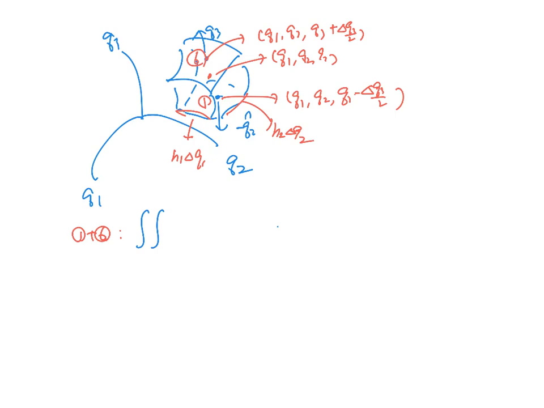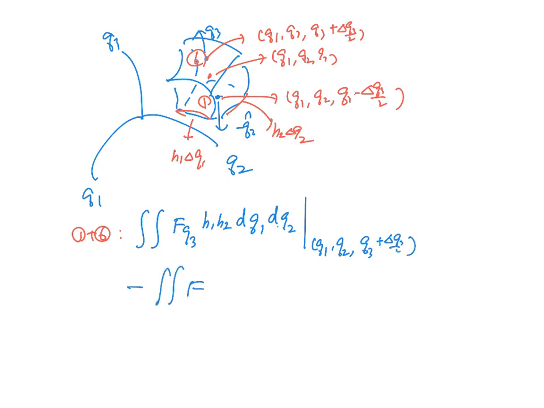And it's pointing FQ3, H1, H2, dQ1, dQ2, right? At Q1, Q2, Q3 plus delta Q3 over 2, minus FQ3, H1, H2, dQ1, dQ2 at Q1, Q2, Q3 minus delta Q3 over 2.